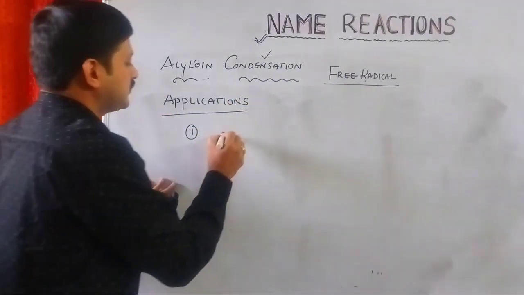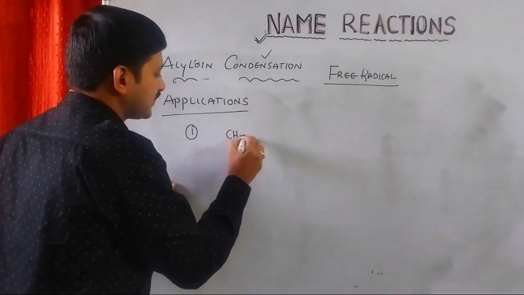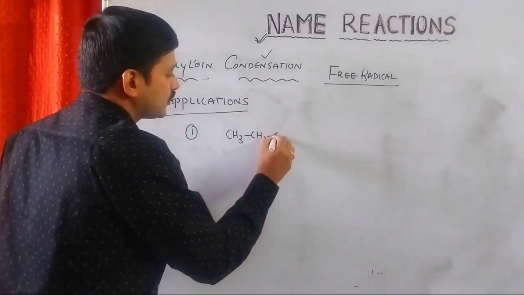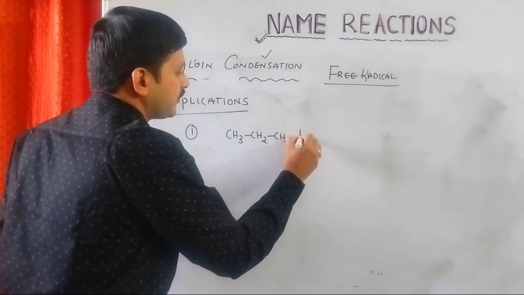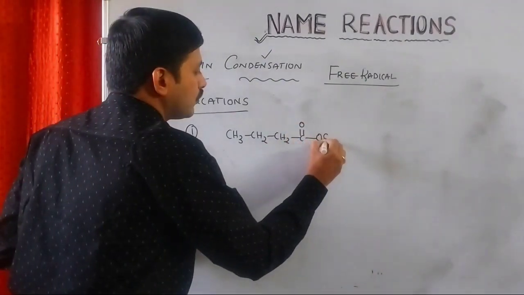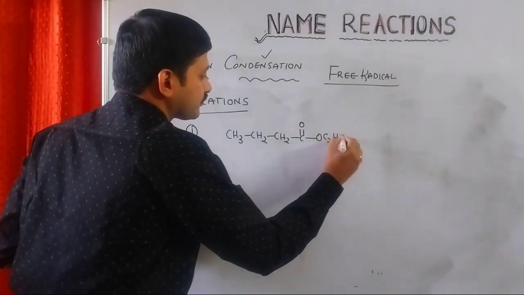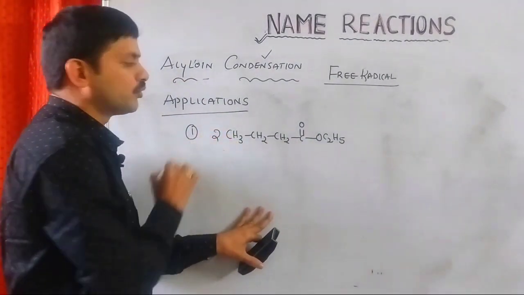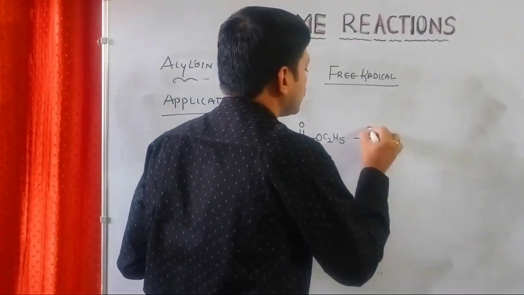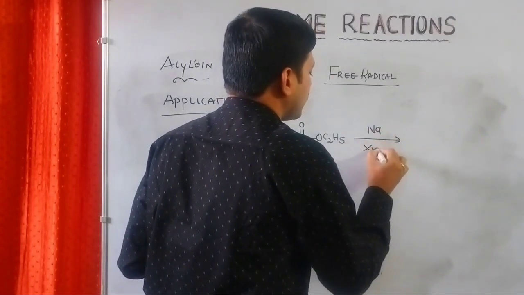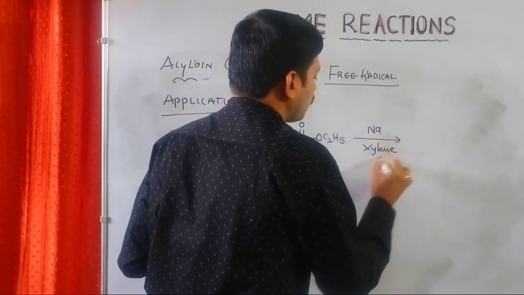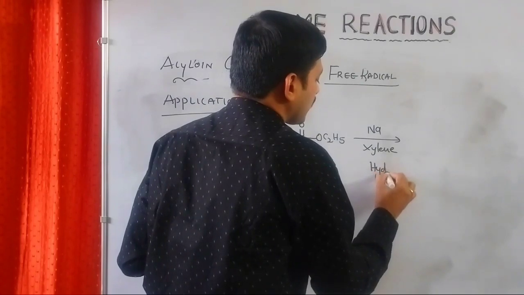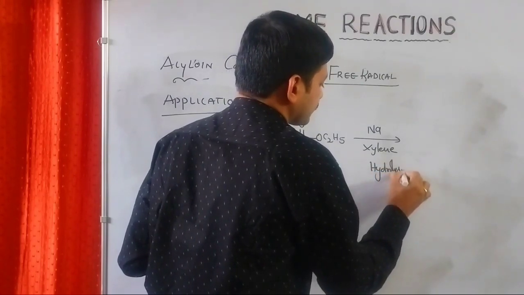The first application is CH3, CH2, CH2, C double bond O, OC2H5. This is one ester. We need to take 2 moles treated with sodium in xylene followed by hydrolysis.